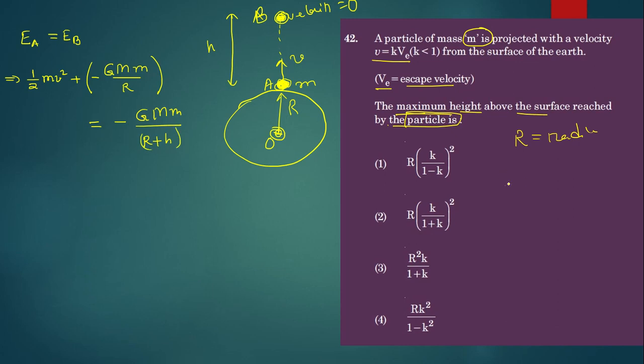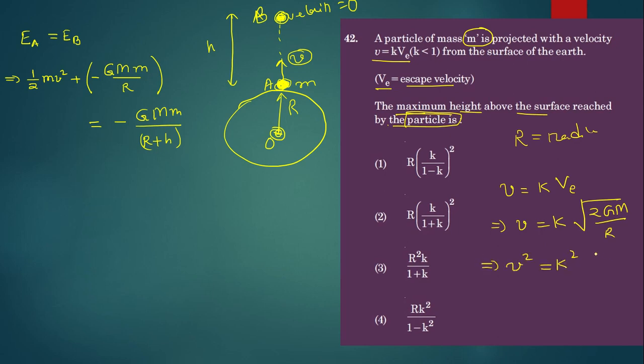Now, this projection velocity, according to the question, is equal to k multiplied by V_e. And this V_e is nothing but the escape velocity of Earth. So escape velocity is root of 2 G M divided by R. At this moment, I assume that you remember this.